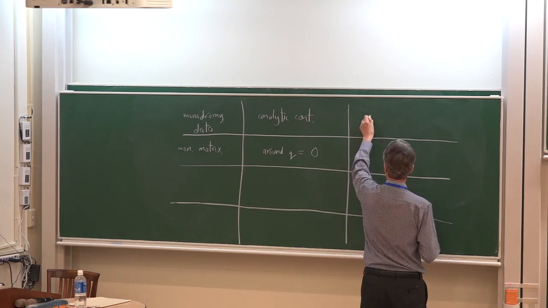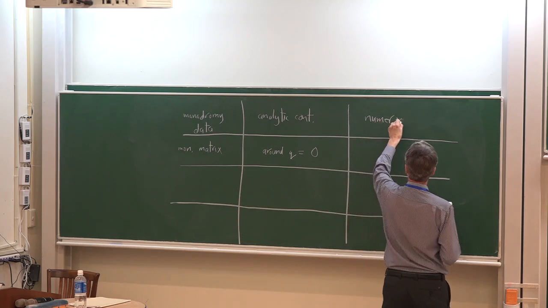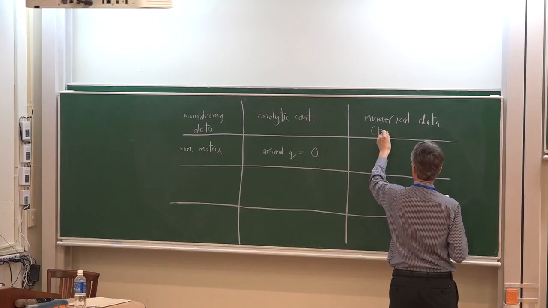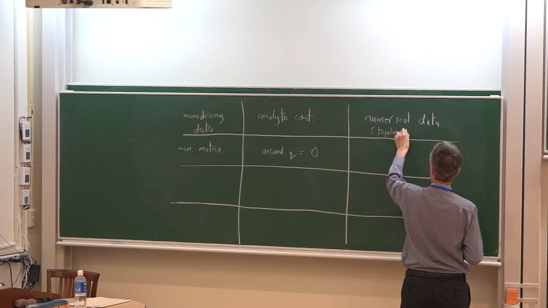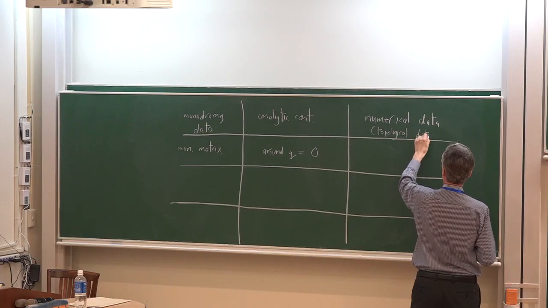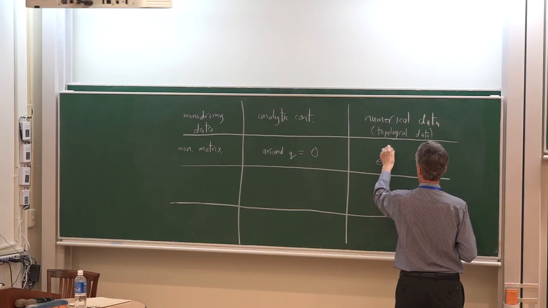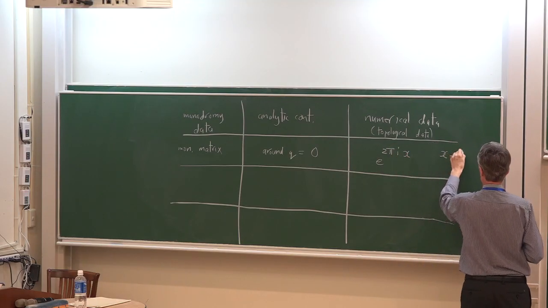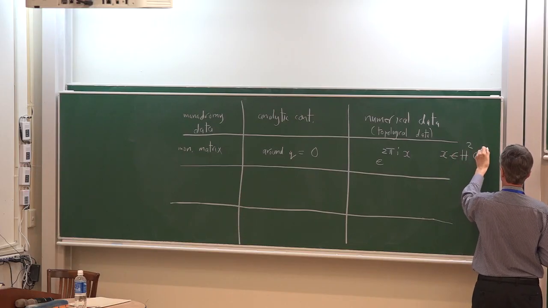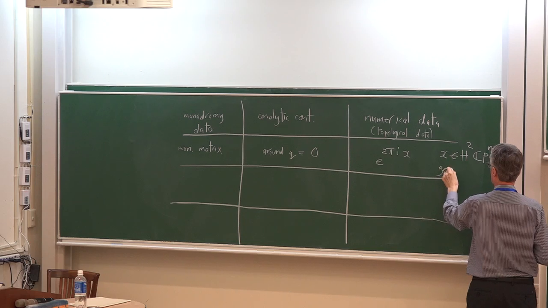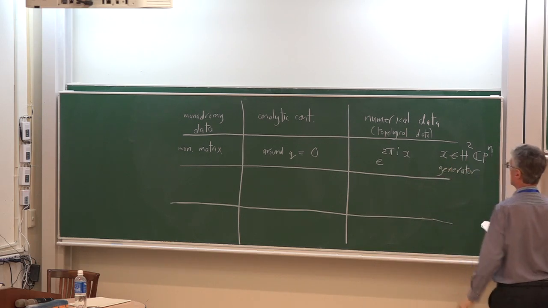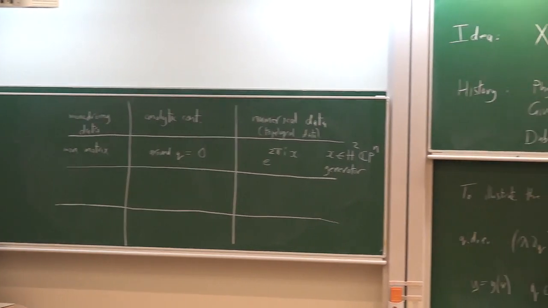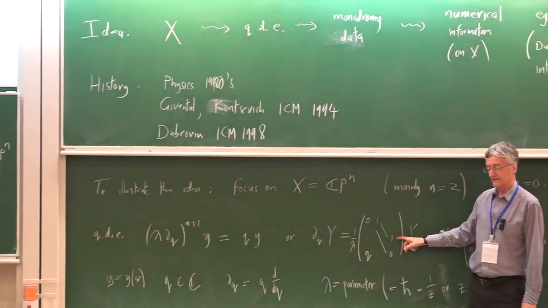And the numerical data which comes out of this, maybe I should call it topological data, because it's topological, is e to the 2 pi i x. So I will use this notation, where x is a generator of the second cohomology. That's because of this matrix: what happens at Q equals 0?